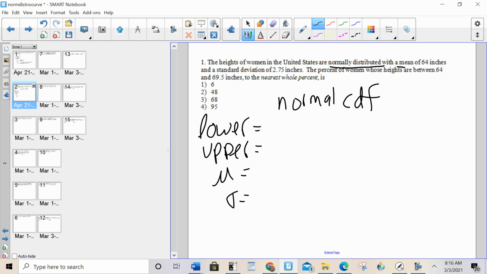It says that the mean is 64, so mu is 64. It says that the standard deviation is 2.75, so sigma is 2.75. It's asking for the percent of women whose heights are between 64 and 69.5. That's your lower and your upper.